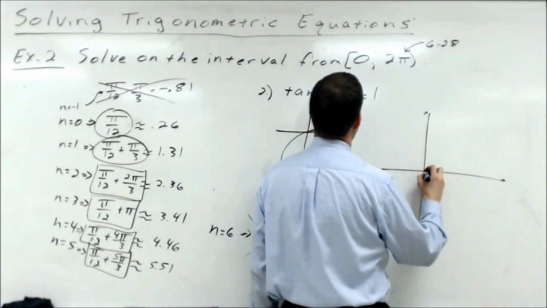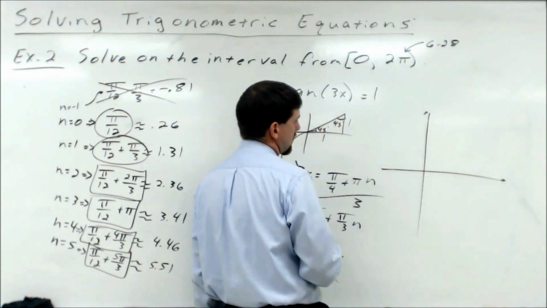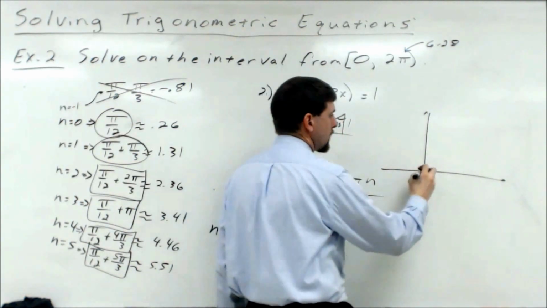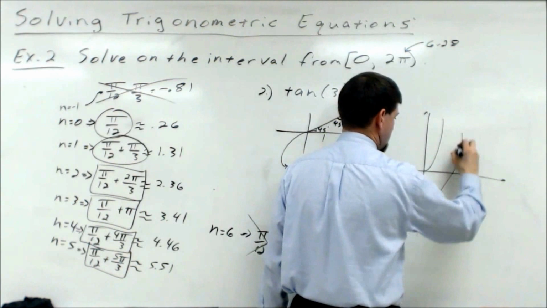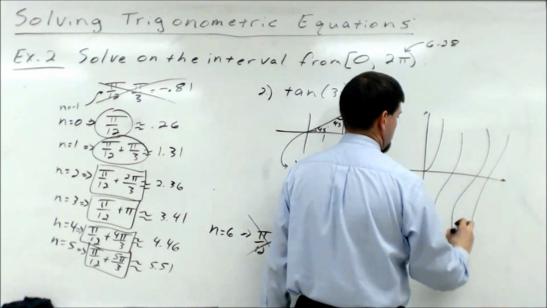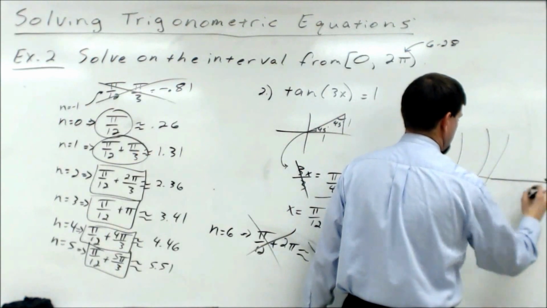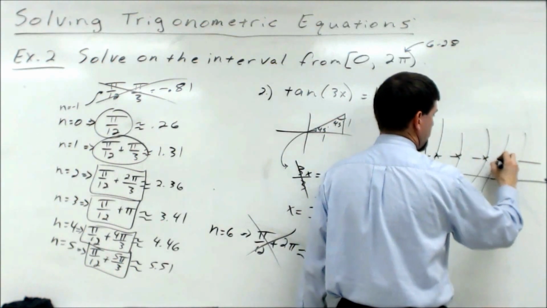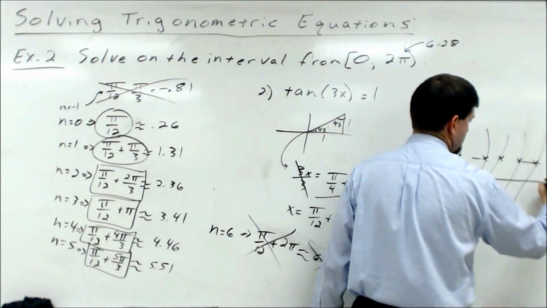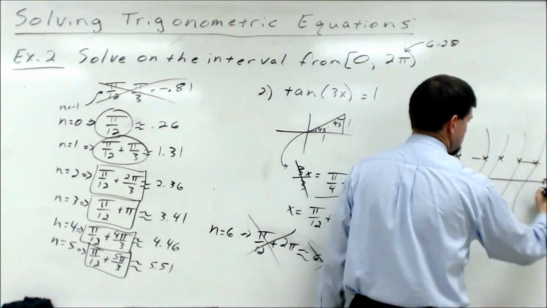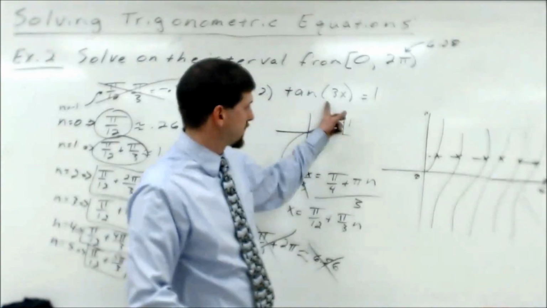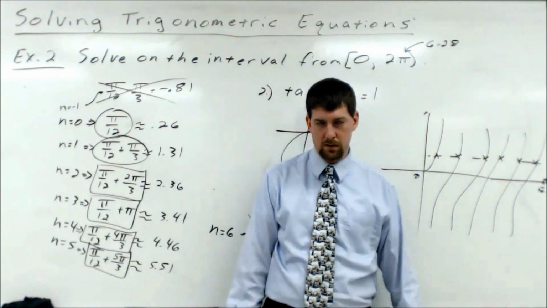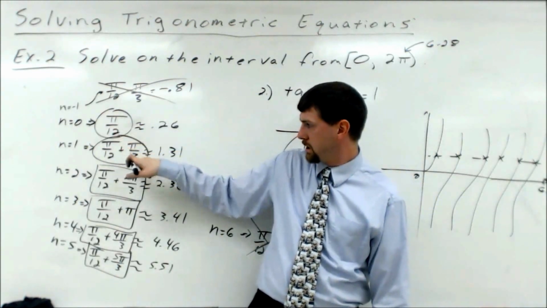It means that when we hit 1, it's going to be 1, 2, 3, 4, 5, 6 times before we get from 0 to 6.28. This graph shows up 6 times, or we hit 6 intersection points before we get to 6.28. And the intersection points are each of these angles.